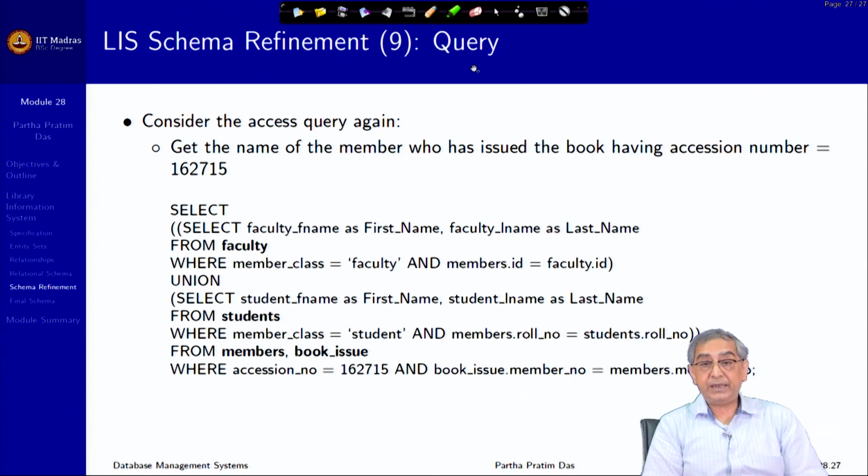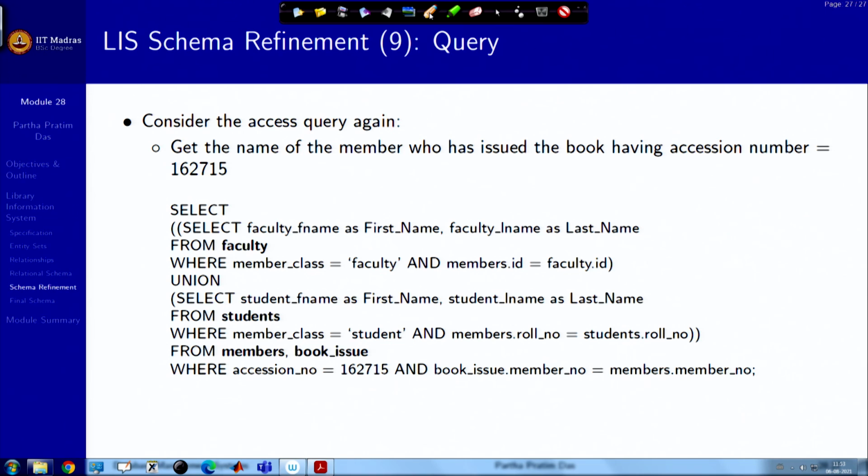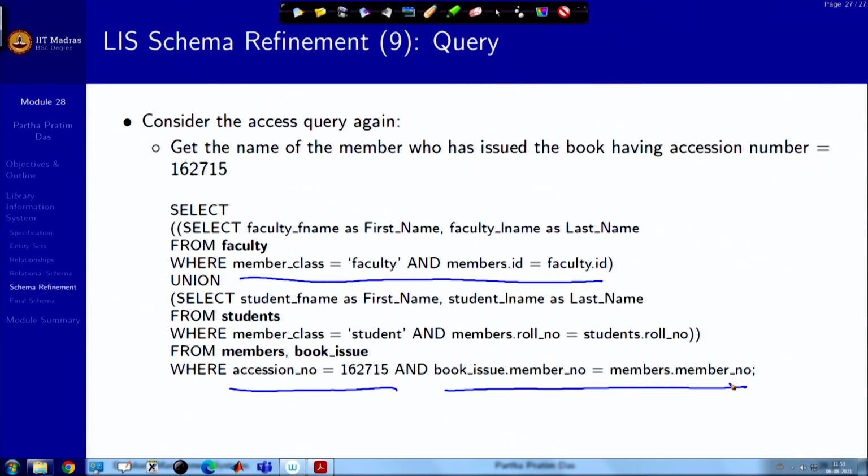Once you have made that change, it gets easier to write the query, because if member class is faculty or so, you have the accession number, you have the member number available from that.